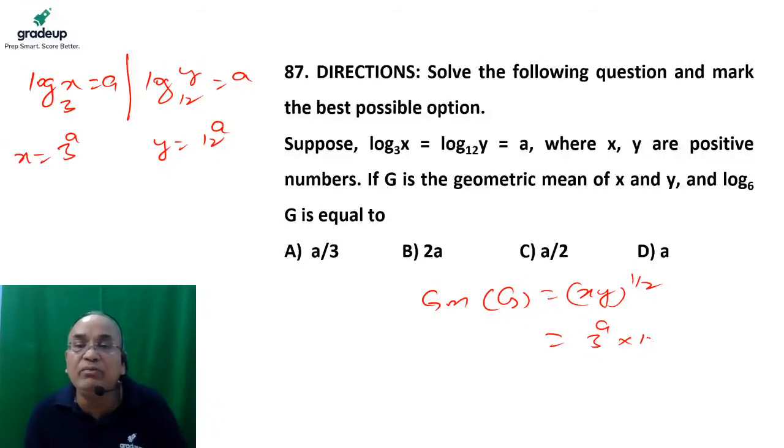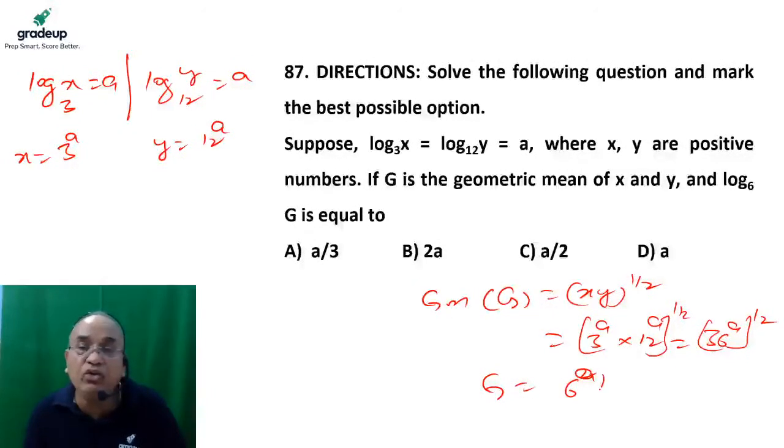And y is 12 to the power a, so xy is nothing but 36 to the power a, to the power half. And it is actually nothing but g is equal to 6 to the power a to the power 2, means 36 square, outside is 1 by 2. If this 2 will strike out by this, so g will become 6 to the power a.